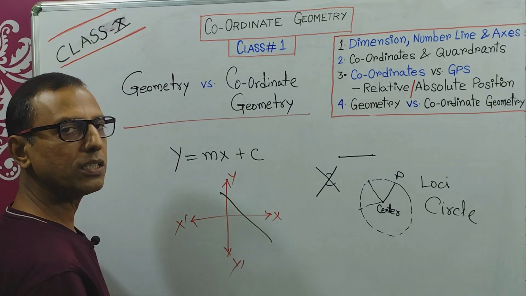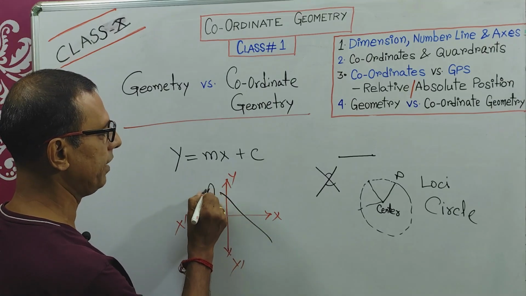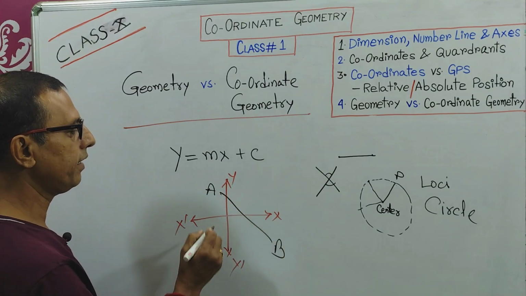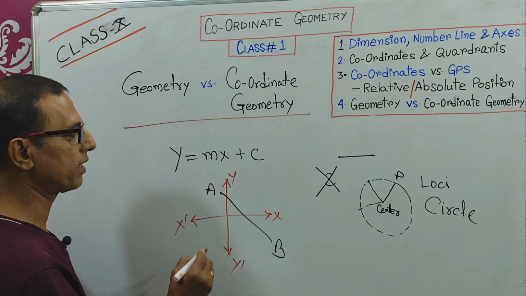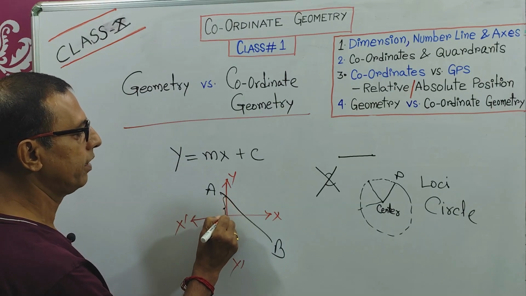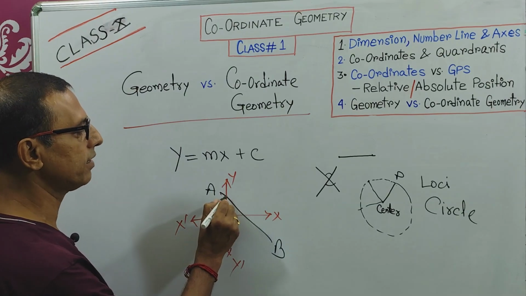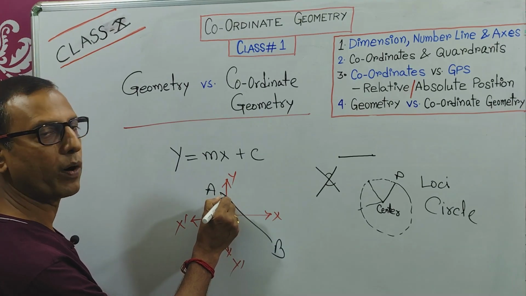So let's say this is a straight line AB. Then we can represent this straight line in the form y equals mx plus c, where c is the intercept, the distance from the origin to the point where the straight line intersects the y-axis.